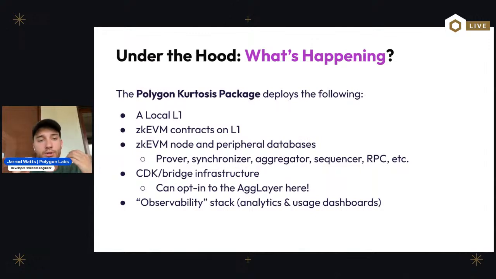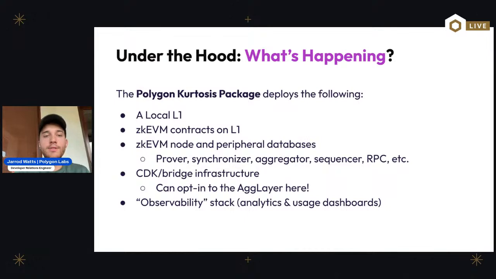It then deploys the ZK EVM rollup smart contracts for you. So this is the contract that actually receives batches of transactions and also receives zero knowledge proofs to verify those batches of transactions.